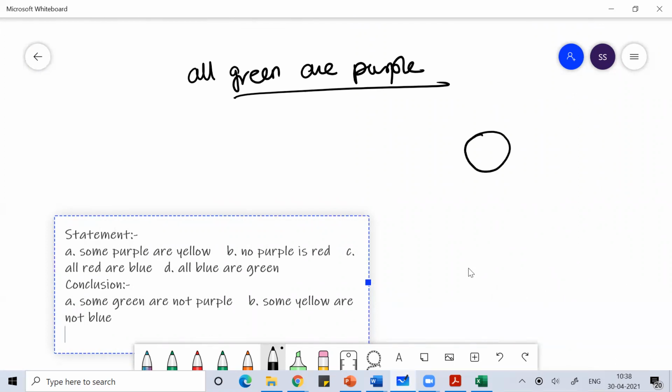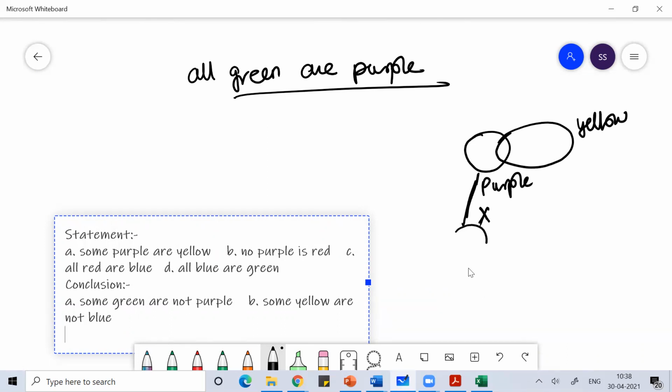Some purple are yellow. No purple is red. All red are blue. All blue are green. All green are purple. So how does this go? No purple is red.